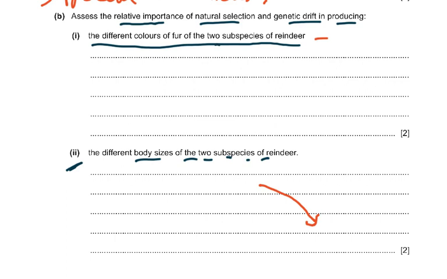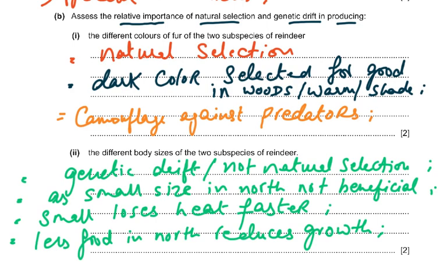Now, different body sizes is dependent on what? It was dependent on the environment, because of the weather and the food available and all that. So please remember, whenever this question comes, you need to be very careful in selecting and writing your answers. If you look at these answers, there is usually very general knowledge.